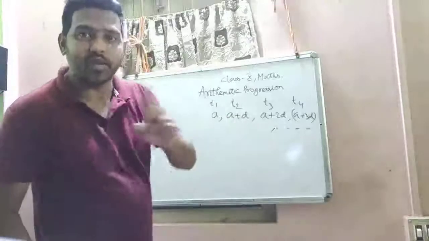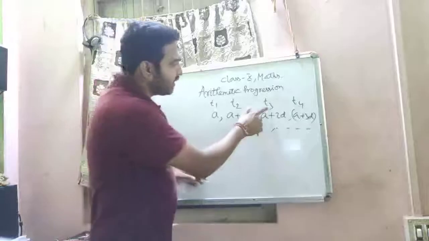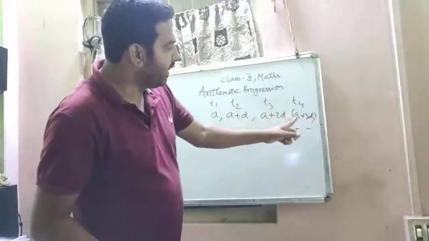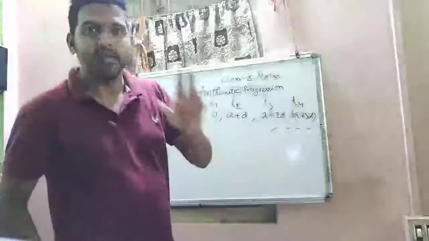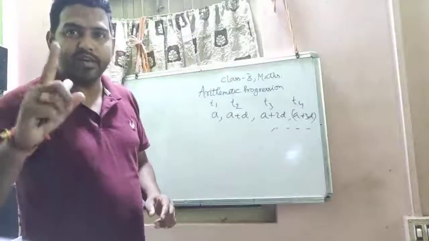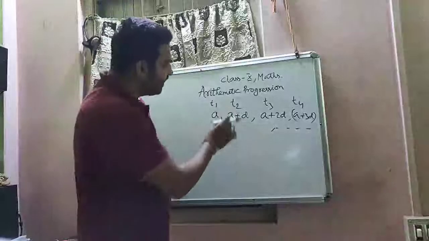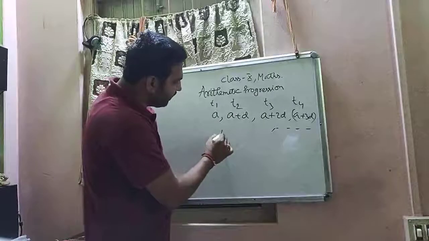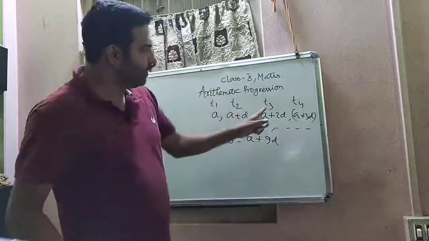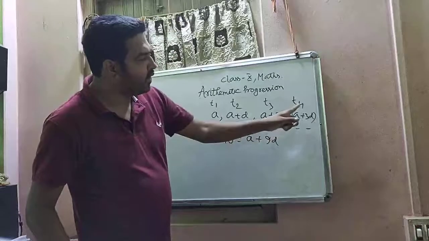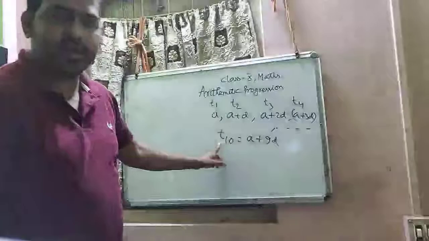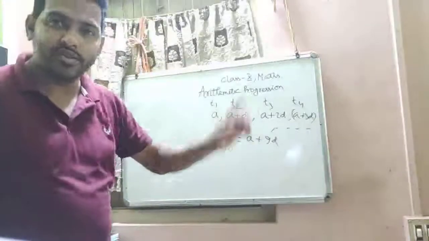A plus D, one time of D. Third term, A plus 2 times of D. Fourth term, A plus 3 times of D. That means first term is A, second term is A plus 1 time of D. So similarly, if we write the 10th term, that is going to be A plus 9D, because 3 minus 1 is equal to 2, 4 minus 1 is equal to 3. Similarly, the 10th term is going to be A plus 10 minus 1 into D.